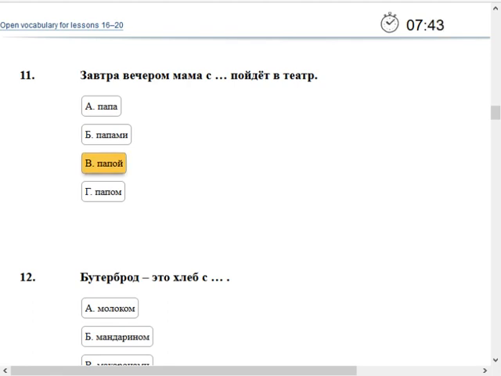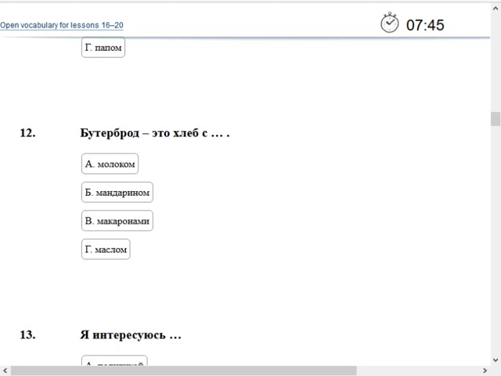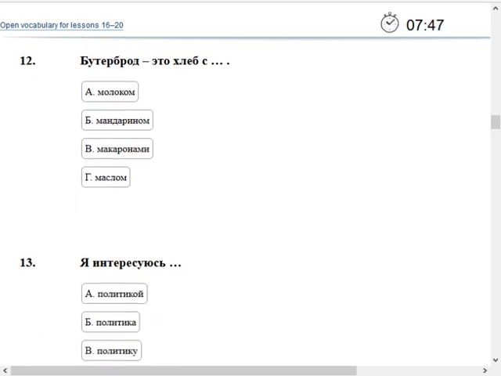Папой. Okay. Бутерброд – это хлеб. So бутерброд, I guess it's a Russian loan word because it's literally like a Russianization of the phrase butter bread. Бутерброд, it's bread with butter. I mean, yeah, it's literally butter bread with butter.